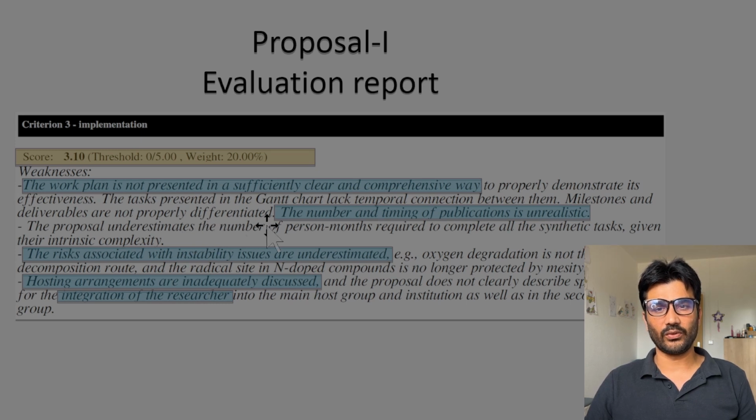And also, I was writing maybe 4 or 5 publications from 2 years, which was unrealistic, and they pointed this out. Another weakness, and I'm going into detail because this is important to understand when you're writing your implementation section, you have to be careful about these things: I underestimated the number of person-months required to complete our synthetic tasks.